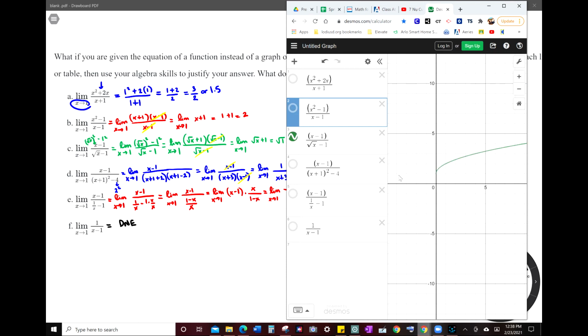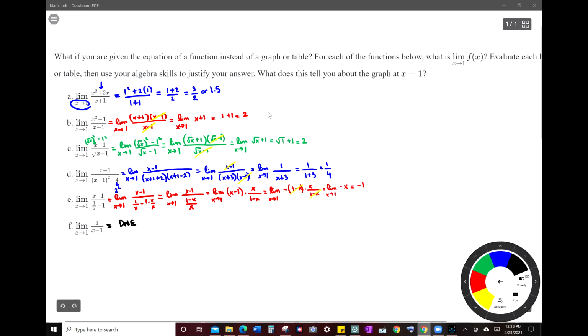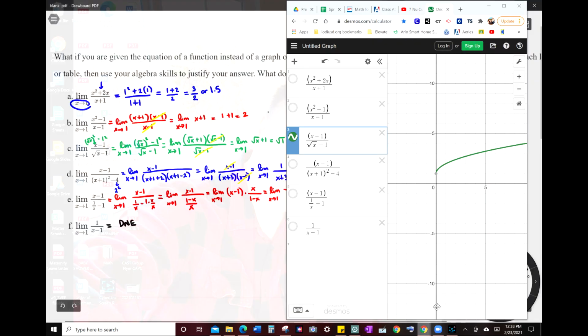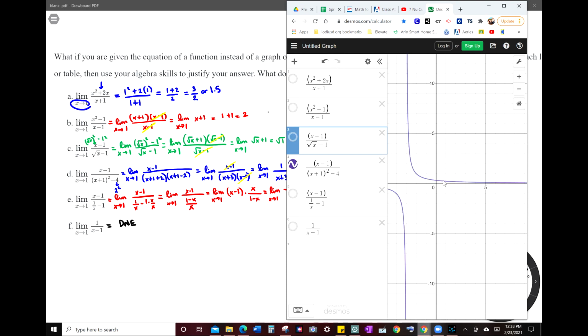And next one, x approaches to 1, we also have 2, and that's what we got right here. Okay, and then part D, x approaches to 1, 1 is right here, and the value will be very close to 0.25, right?